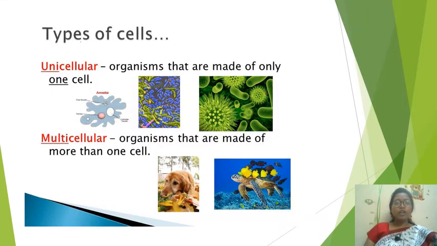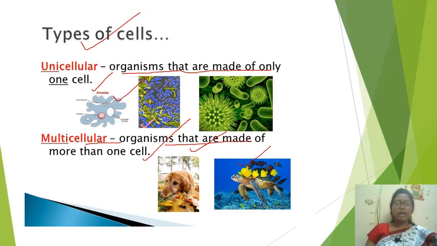Now, I already told you the types of cells. Unicellular organisms are made up of only one cell. Examples are amoeba and bacteria. And multicellular organisms are made up of more than one cell. So dog, fish, human beings come under multicellular organisms.